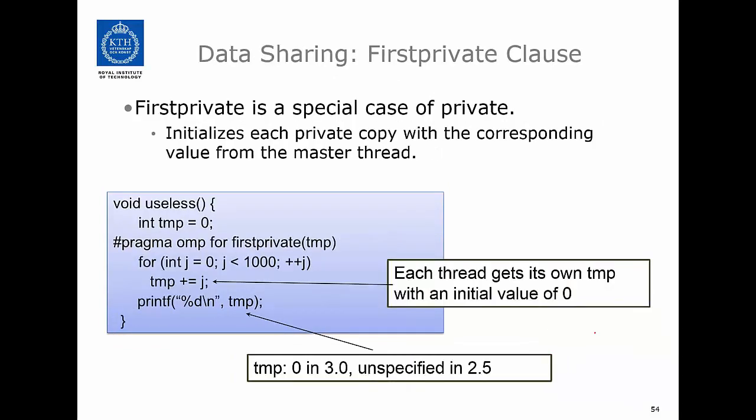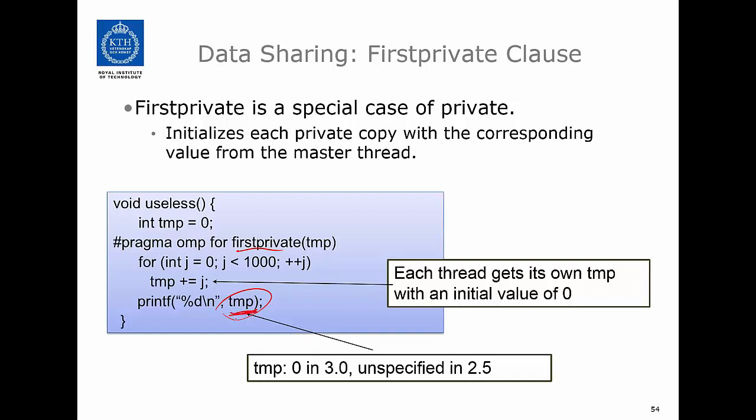So here we see the same thing, but with the firstprivate clause. Then you can wonder what happens with tmp after the loop. In this case, we have a private copy of tmp. They all start at 0 and have an initial value of 0. Now, what happens?